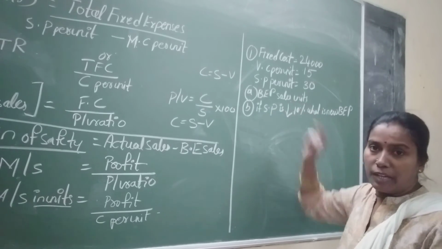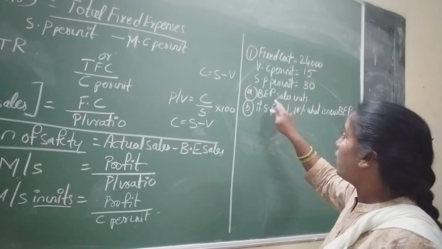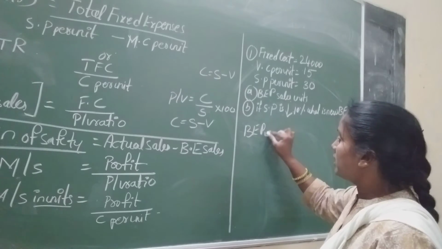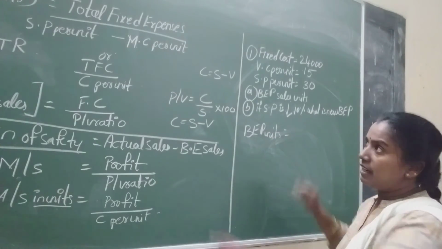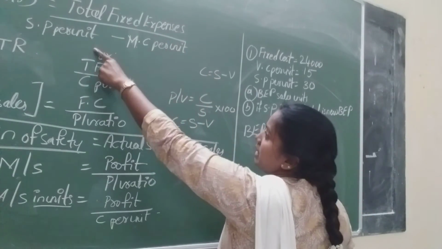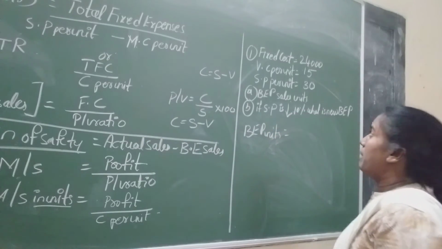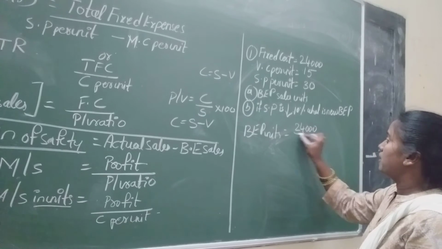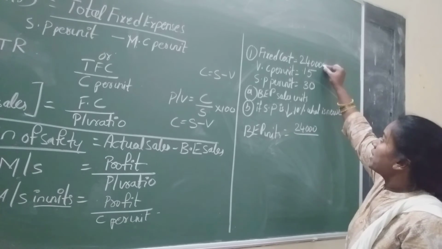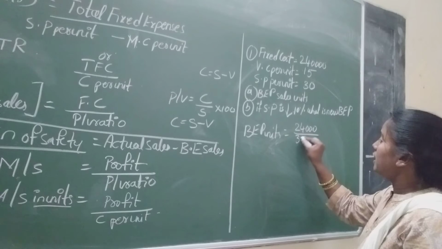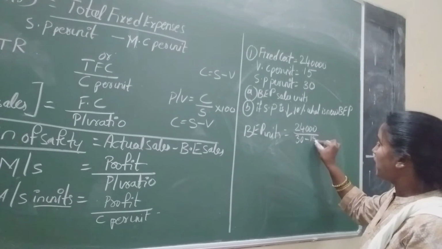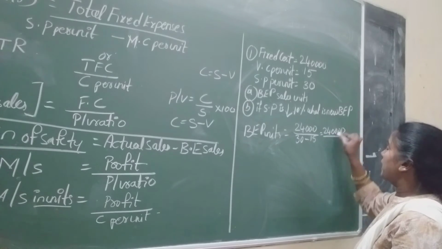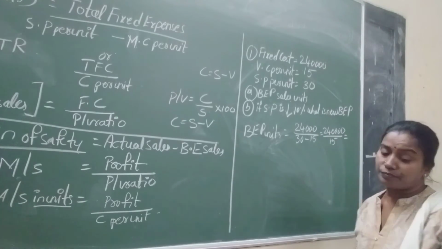So first point I am calculating. He told us to calculate units, so break even point units. The formula is here clearly: total fixed expenses divided by selling price per unit minus marginal cost. Fixed expenses are 2,40,000, divided by selling price 30 minus 15, which is 2,40,000 divided by 15.